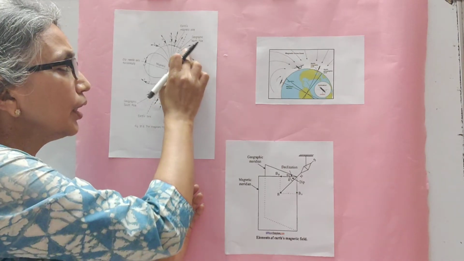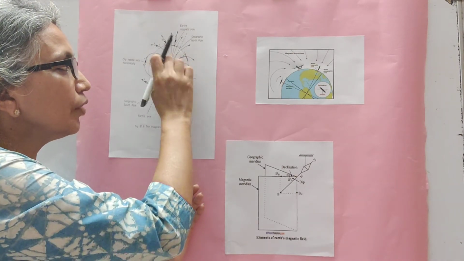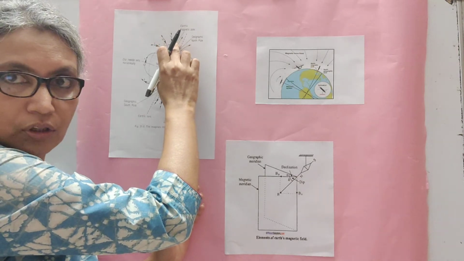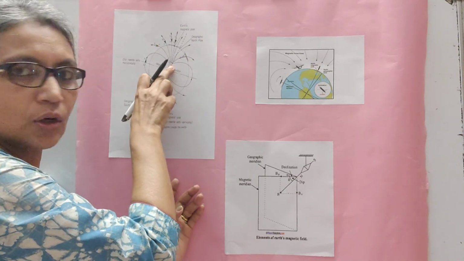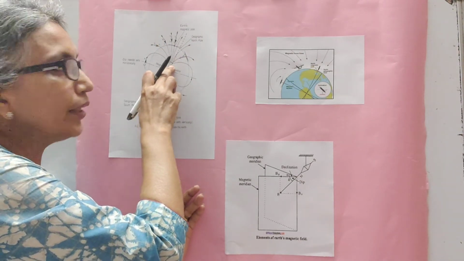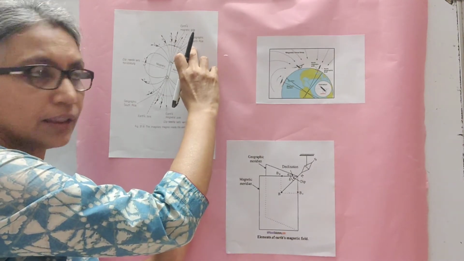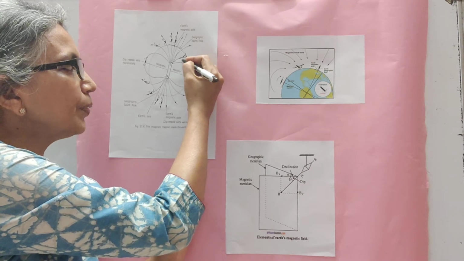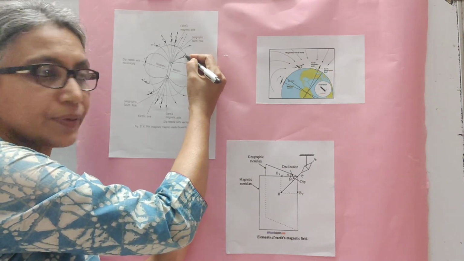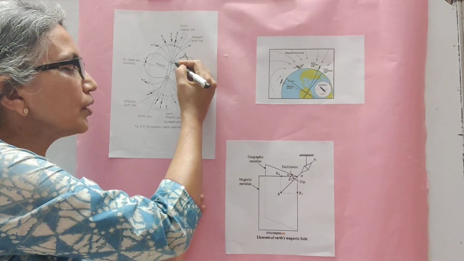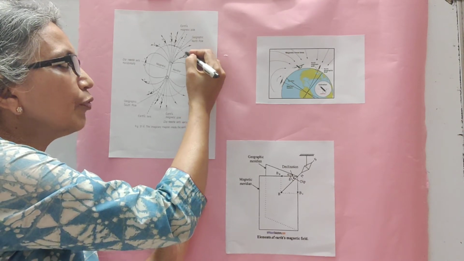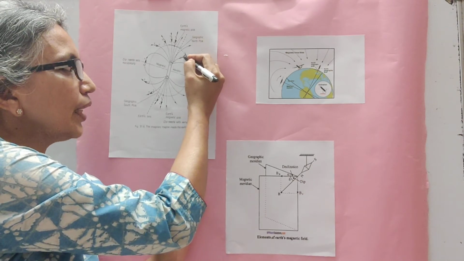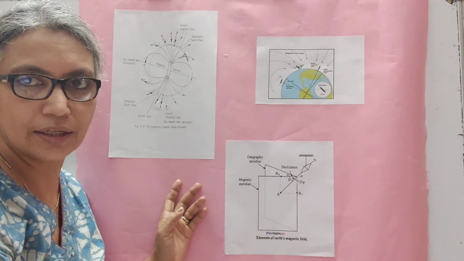So please understand that in the northern hemisphere, even though we call this the magnetic north, it is actually the south pole, and therefore if you keep a compass needle, the north end of the needle will dip towards the surface of the earth, and that angle is what you call the angle of dip.